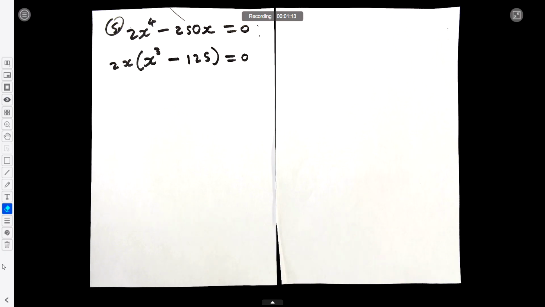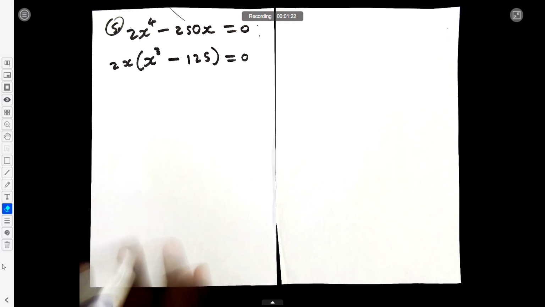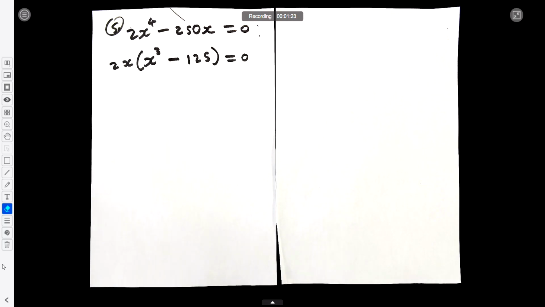So we know that we have 2x in a bracket multiplied by the other factor, which is x cubed minus 125, equals 0. If we have factors which are multiplied, and they equal 0, we can equate each factor to 0.